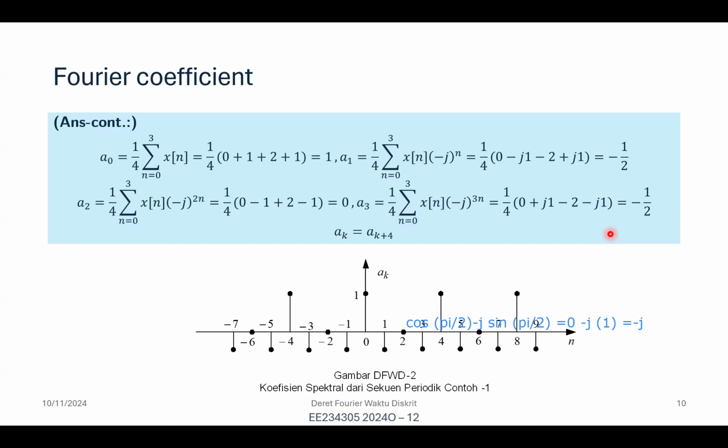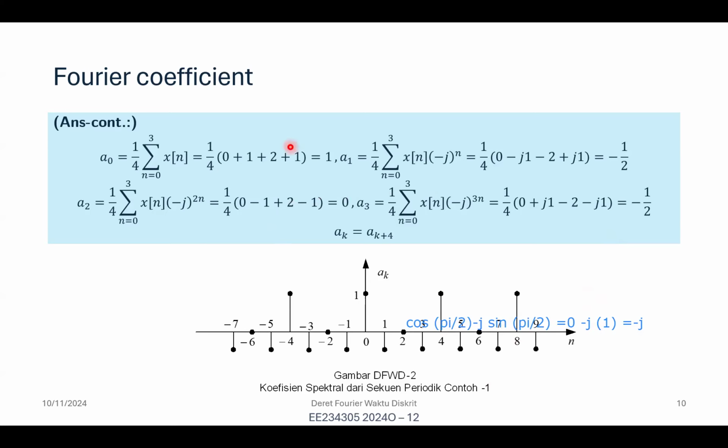And so we can compute A0, A1, A2, A3, and A4 would be the same as A0, and we can also get the characteristics of the next repeated sequence of the signal, which is the same as the previous sequence of the signal.